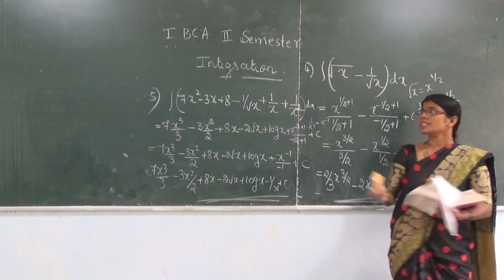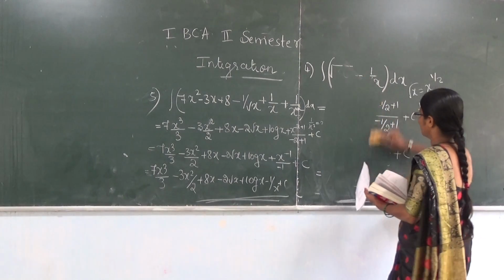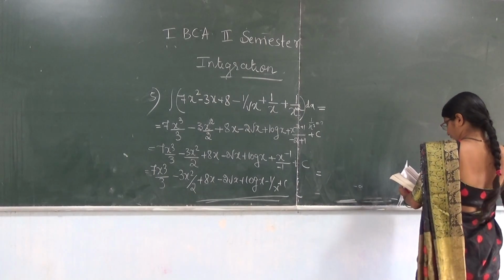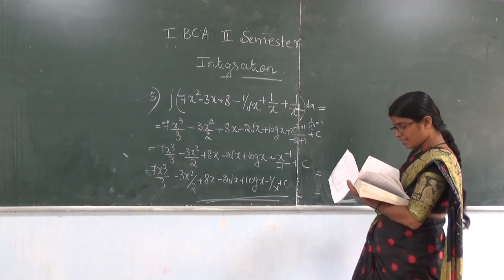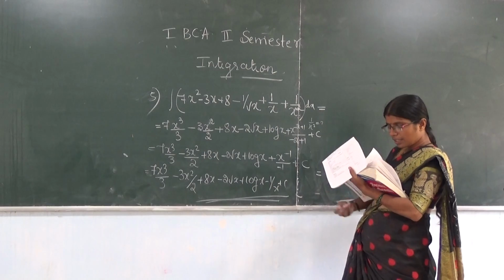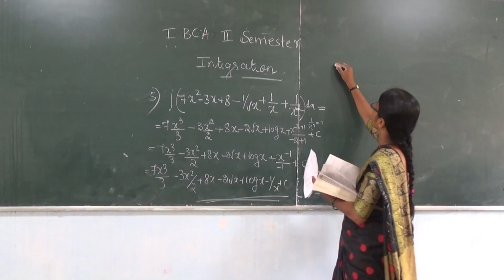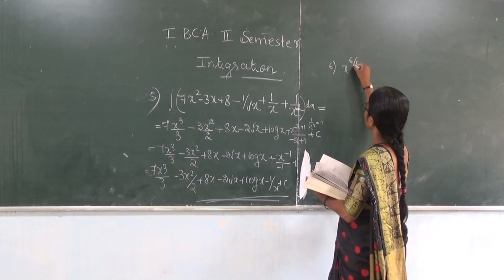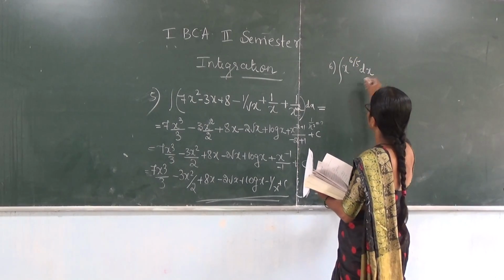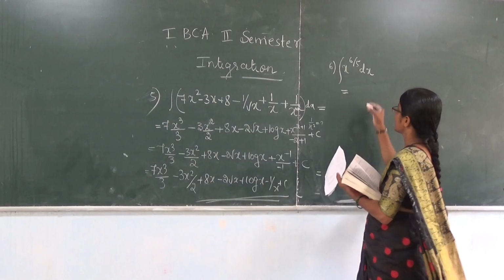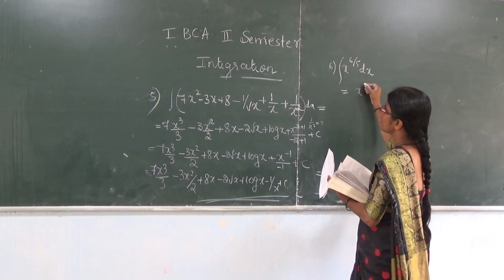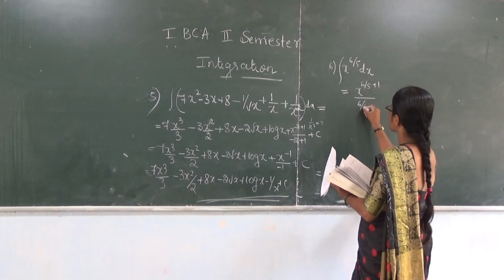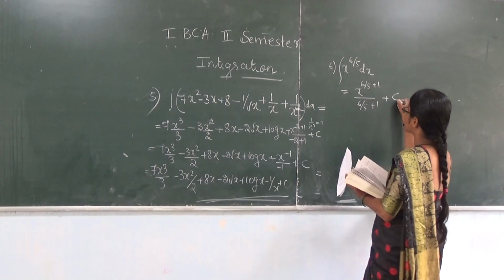Next integral is x to the power 6 by 5. Integral of x to the power 6 by 5 is nothing but x to the power 6 by 5 plus 1 divided by 6 by 5 plus 1, plus c.